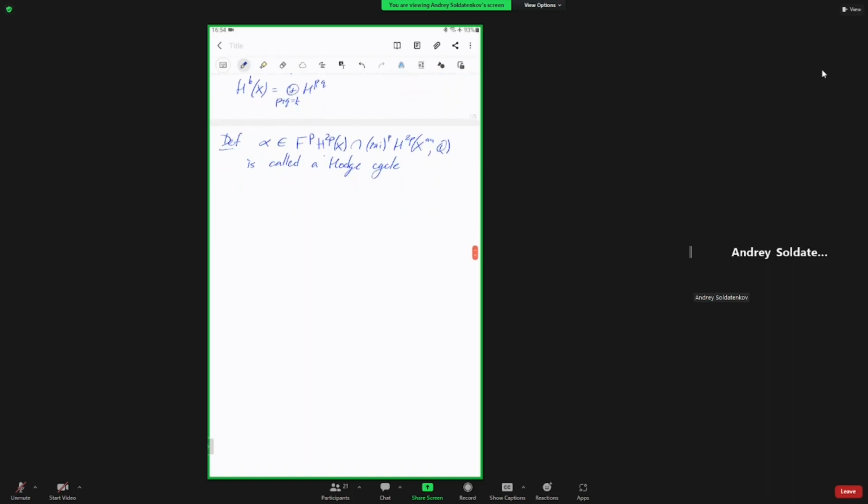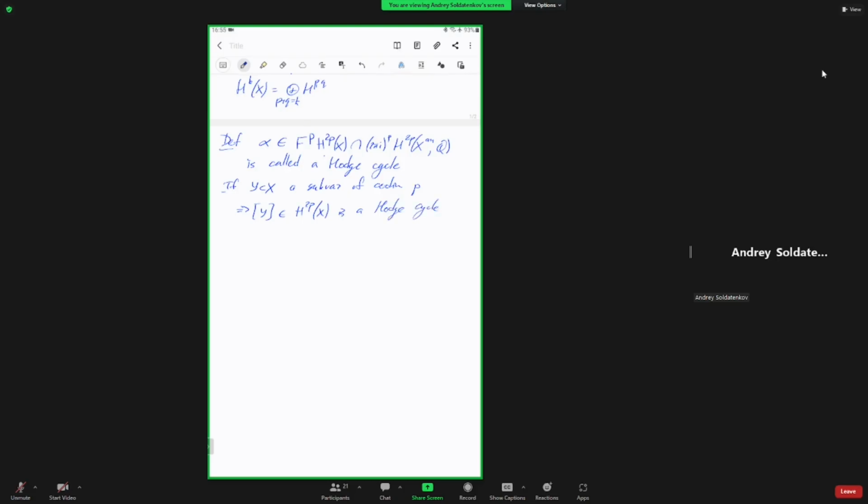The reason is that such Hodge cycles really come from real cycles, namely subvarieties in our manifold. If we have a subvariety Y of codimension p, then its fundamental class is a Hodge cycle.